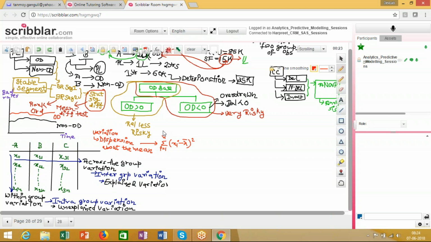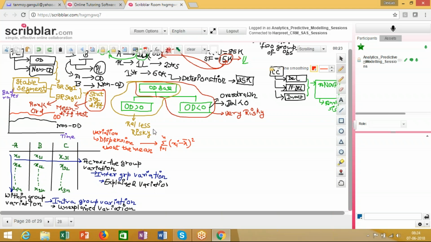When I put these two together, what I get is my ANOVA measure for testing the significant difference in the mean of the groups.